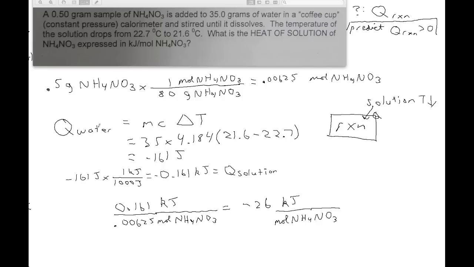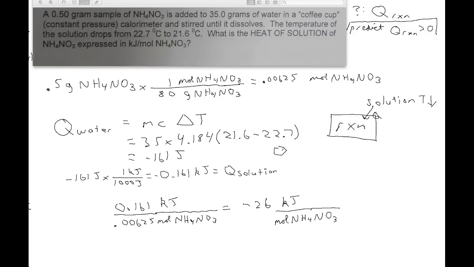So we got here that this came out negative because you did final minus initial. We know the water is losing heat. That was correct. So the Q of the water is negative 161 joules.